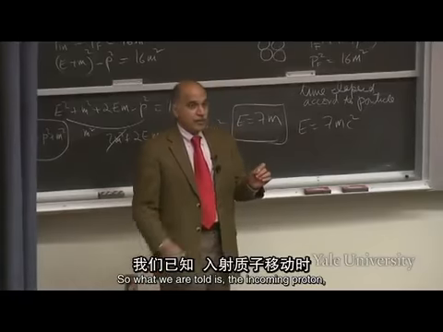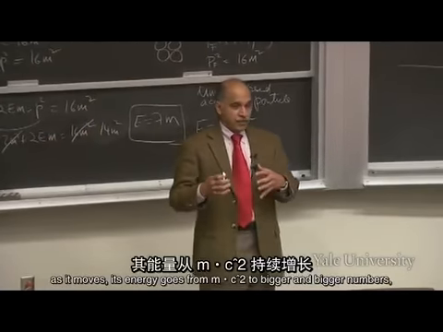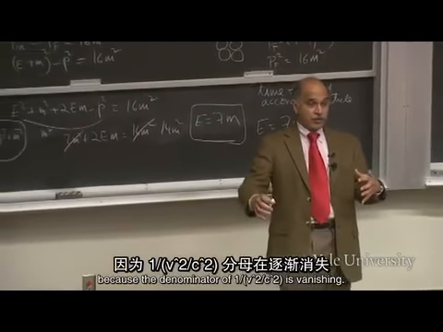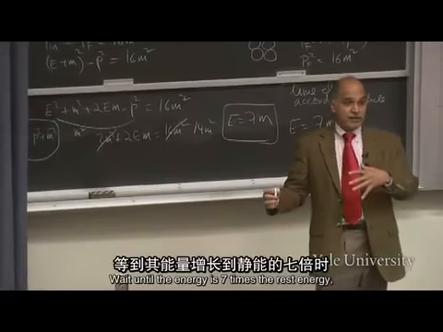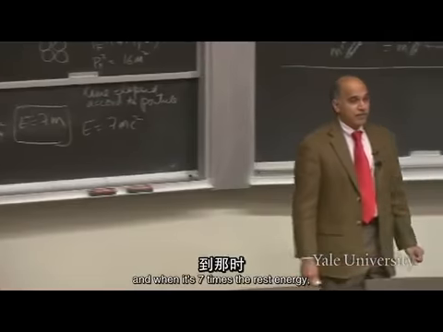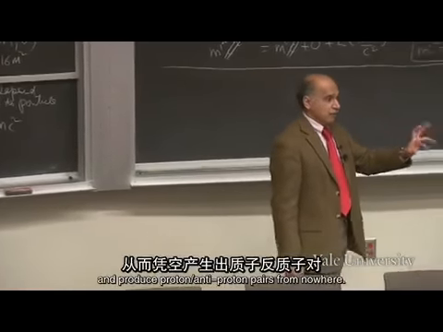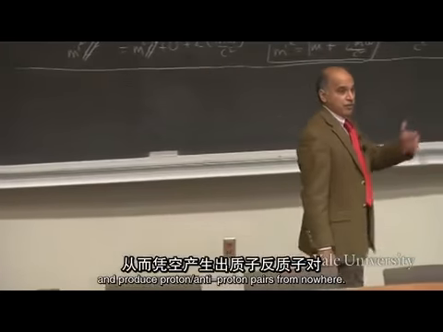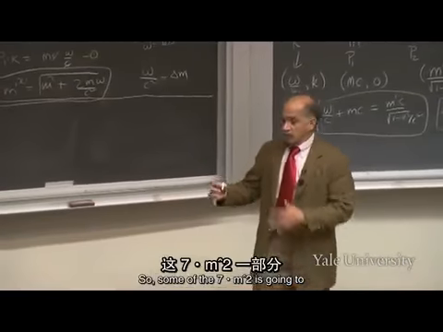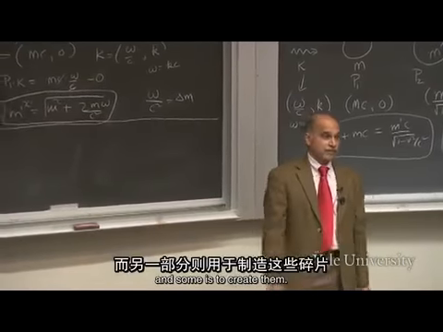So the incoming proton, as it moves, its energy goes from mc squared to bigger and bigger numbers, because the denominator, 1 minus v squared over c squared, is vanishing. Wait till the energy is 7 times the rest energy. When it's 7 times the rest energy, that's when it's ready to hit the static proton and produce proton-antiproton pairs from nowhere. So some of the 7mc squared is going to give momentum to the fragments of the collision, and some is to create them.